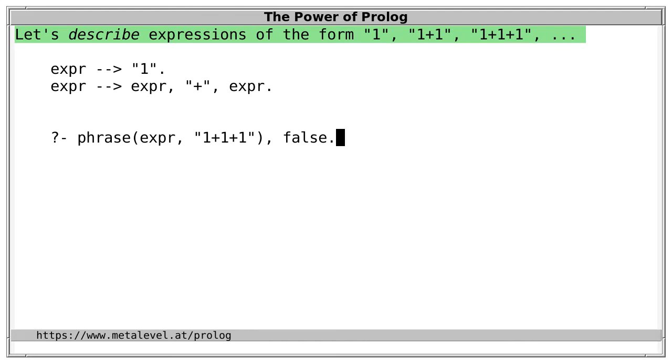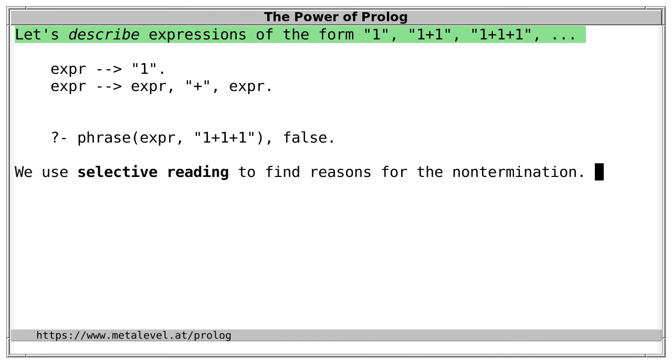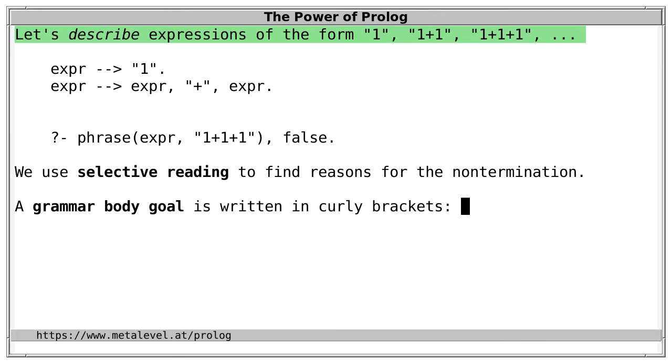Now, why doesn't it terminate? And I'm not interested in the exact steps that the Prolog system performs. Rather, I'm interested in an explanation, a reason for it. And we get such reasons in the form of program fragments by selective reading. And we do this by inserting grammar body goals in the definition. A grammar body goal is written in curly brackets like this.